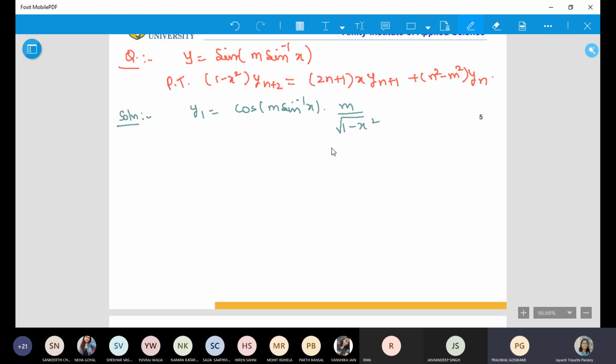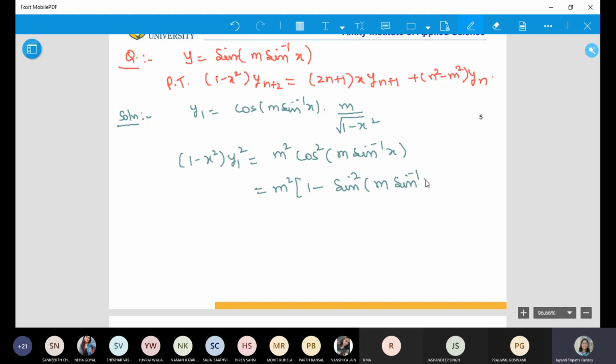Okay. So 1 minus x square y1 square is m square cos square m sine inverse x.